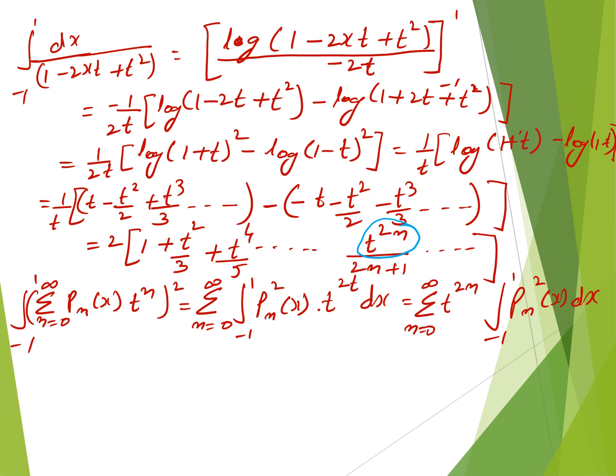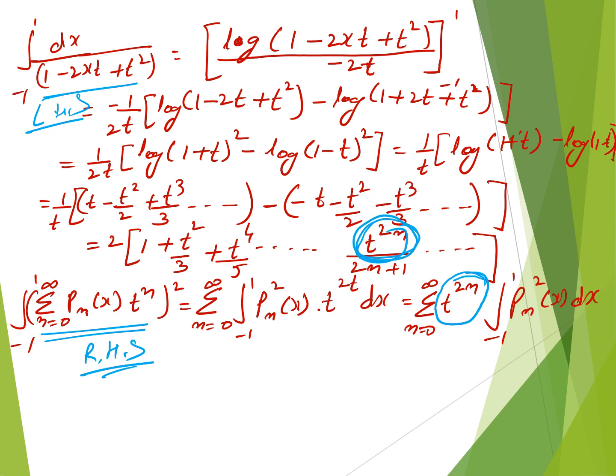Now comparing the coefficients, because this is the right side of the previous equation and this is the left side which we solved. So comparing the left side t to the power 2n plus 1 coefficient and the right side t to the power 2n plus 1 coefficient, we find that integration minus 1 to 1 Pn square(x) dx is equal to 2 upon 2n plus 1.